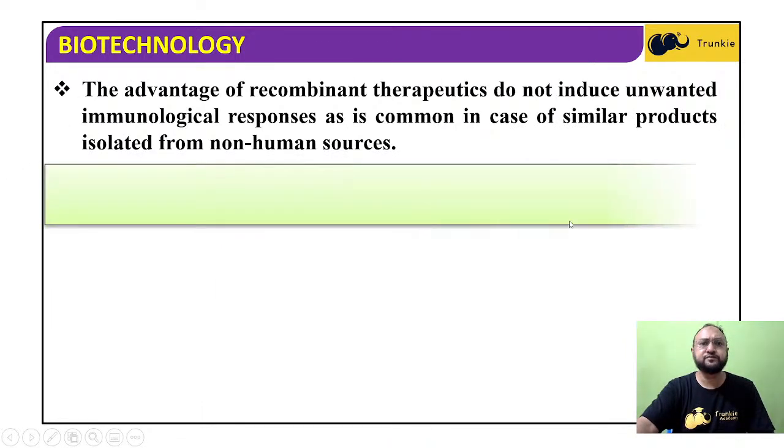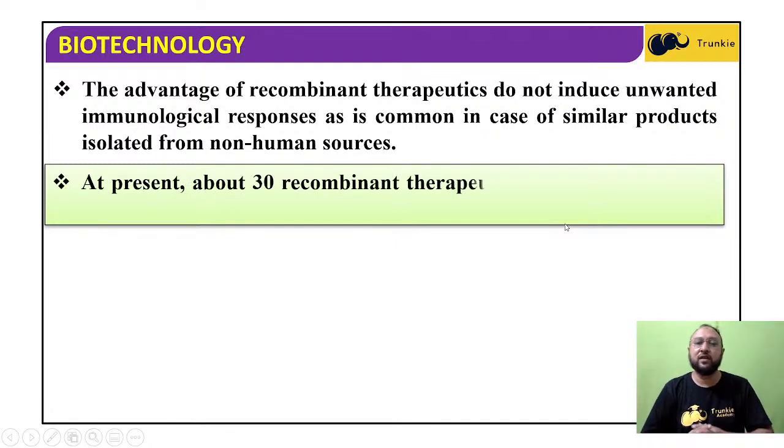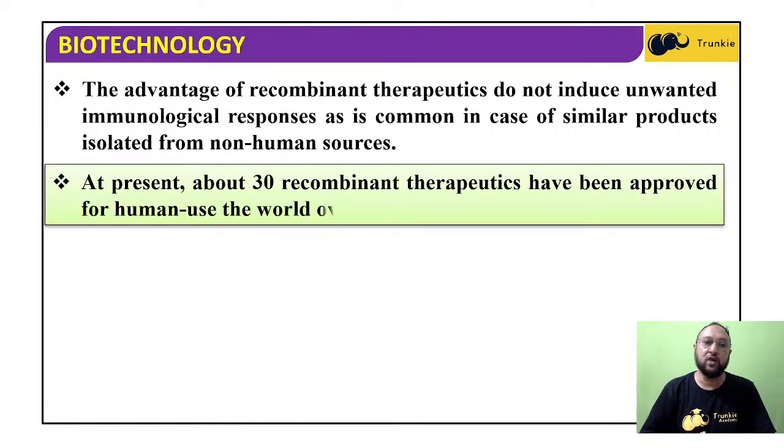Okay, now the advantage of recombinant therapeutics is that they do not induce unwanted immunological responses, as is common in the case of similar products isolated from non-human sources. So try to understand this point. If we take products from non-human sources, they will produce a kind of immunological response.